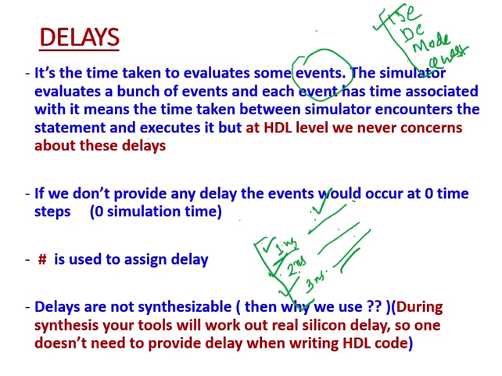So your simulator takes some time to evaluate or to implement those particular lines of code. So all these are events. All these lines that your simulator is going to evaluate or implement are called events, and all these events have time associated with them.